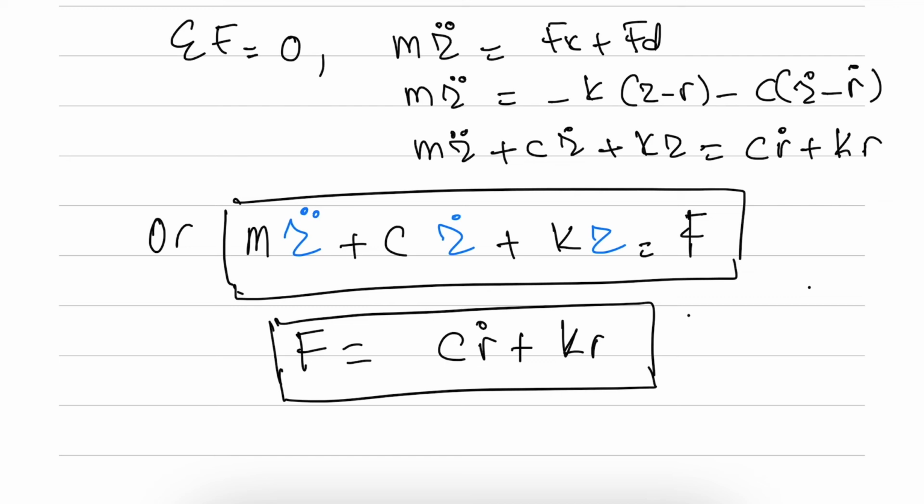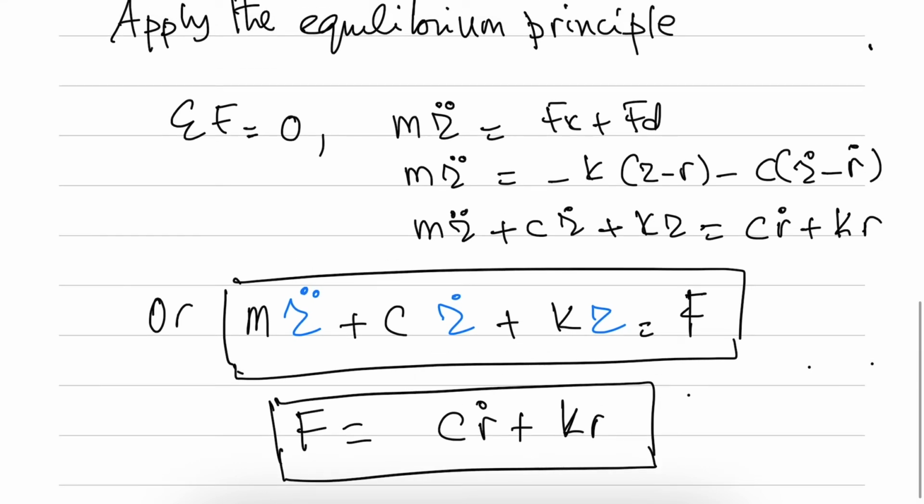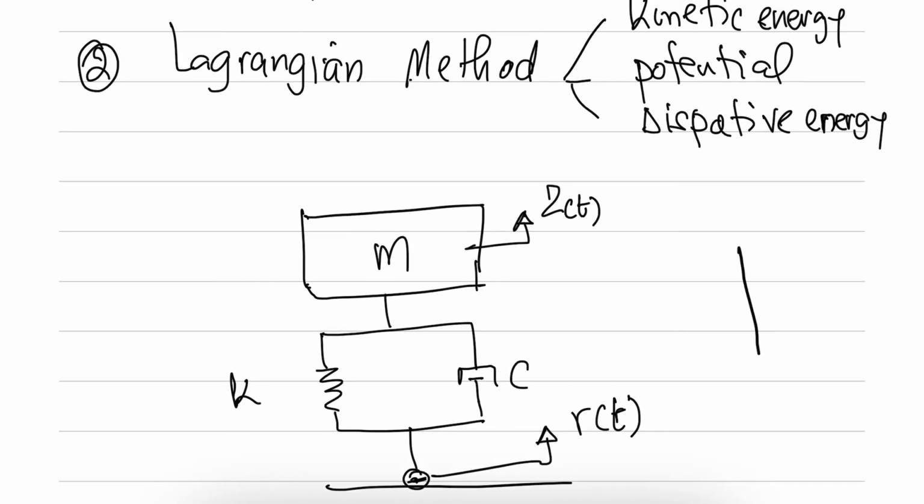So we are done with Newton's formula to formulate the equation of motion for the mass spring damper system.